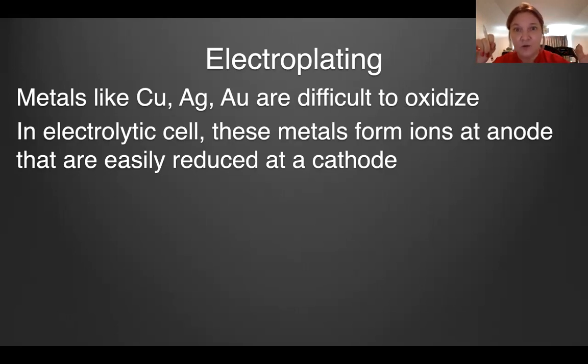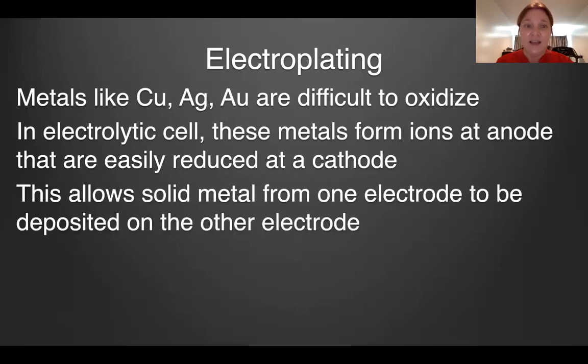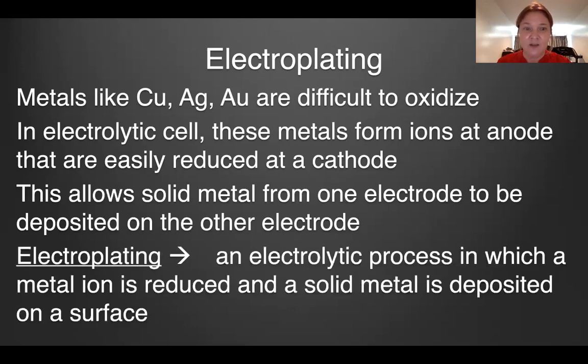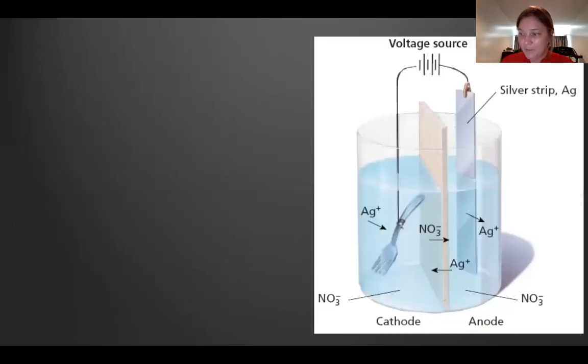Then at the cathode, they're going to be more than happy to be reduced, because they're going to be very easily reduced at the cathode. This allows a solid metal from one electrode to be deposited on the other electrode, and this is called electroplating, an electrolytic process in which a metal ion is reduced and a solid metal is deposited on a surface.